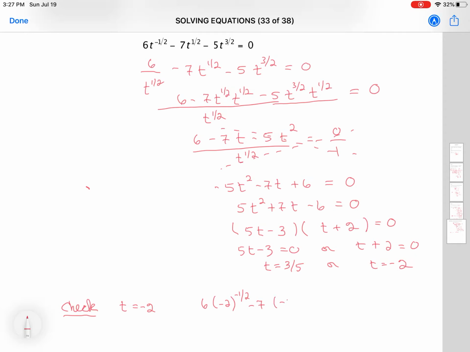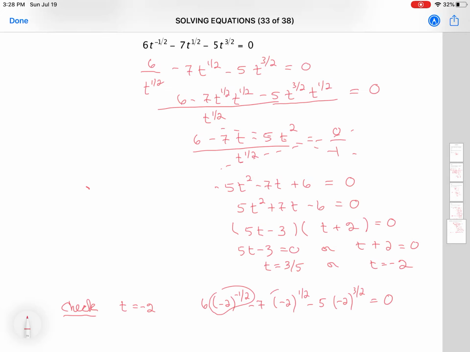6 times minus 2 to the minus a half minus 7 times minus 2 to the 1 half minus 5 times minus 2 to the 3 over 2. That should be equal to 0. Do you see a problem with this? I see a big problem with this.